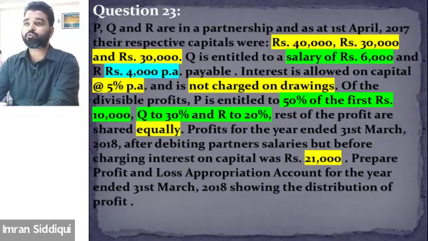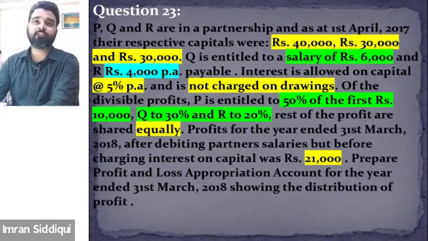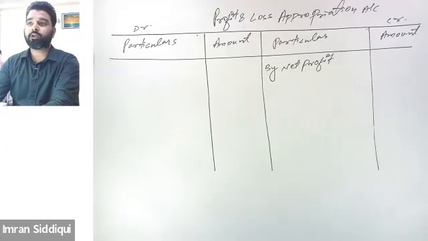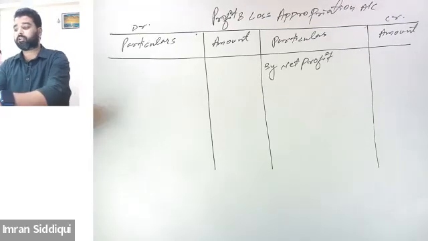That means this 21,000 is the profit after deducting the salary of the partners, right? But in the P&L appropriation account, we need the value of the profit before deducting salary. Is that clear, everyone? We will be required to find out the value of the profit before deducting the salary. Is that clear now, everyone?